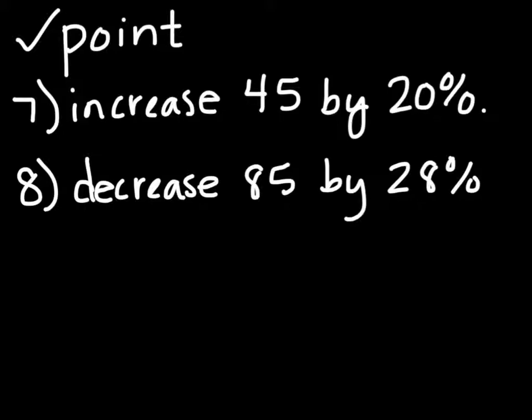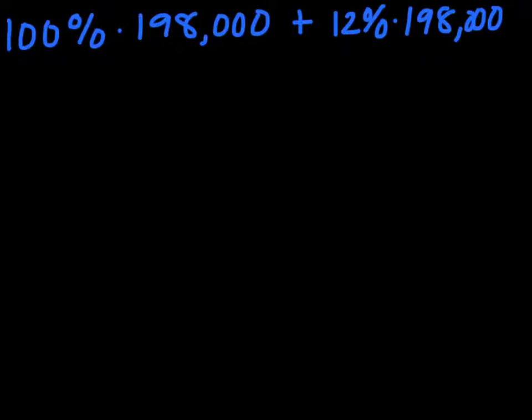We have one final technique to learn in this chapter before you're ready to move on to the practice problems. Referring back to our problem with the attendees at the sporting event, please note that this is another way to write the process that we used. We took 100% of 198,000 and added that number to 12% of 198,000 to find our increase.